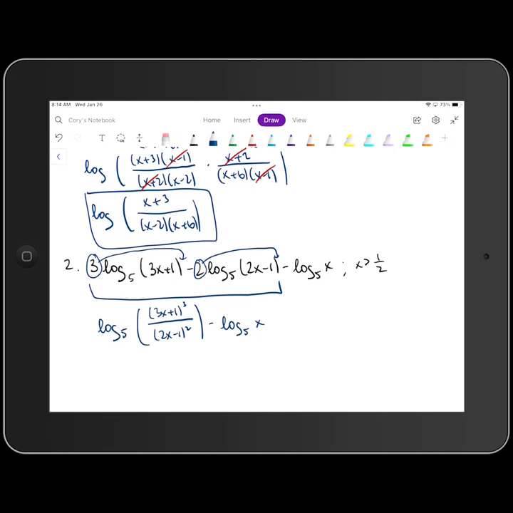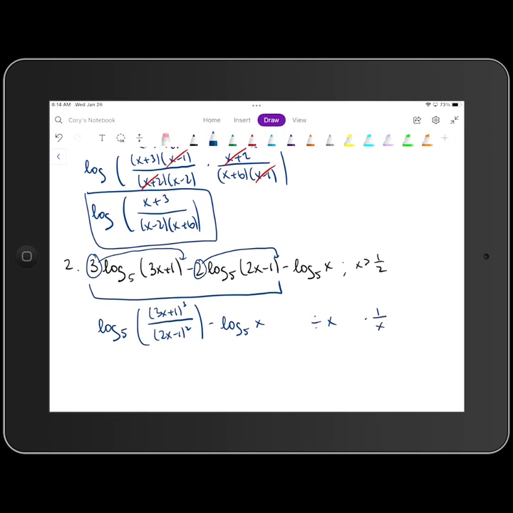When I take that quotient and subtract x, that's the same thing as combining into a single argument and dividing by x. Dividing by x is the same thing as multiplying that argument by 1 over x.